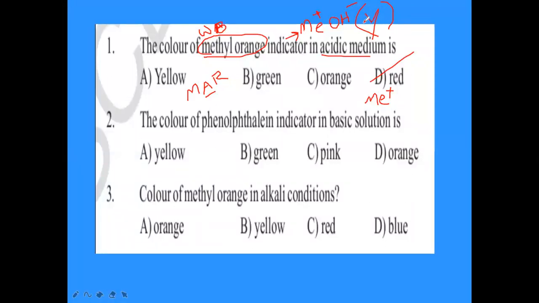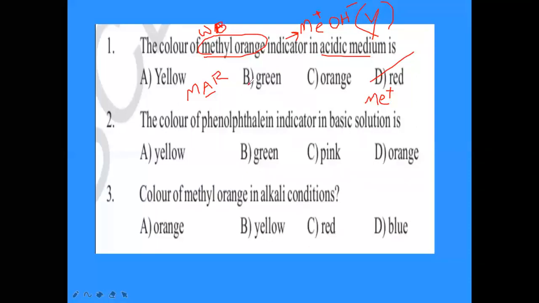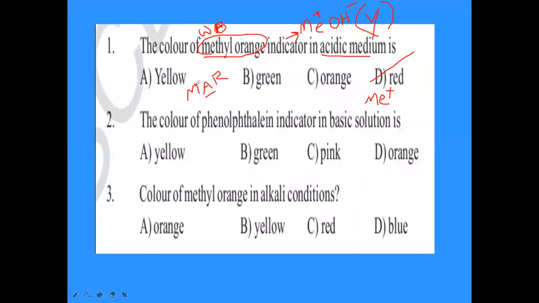Got it, ma? But in acidic medium, red. That's why remember, in opposite medium only. Methyl orange is a base itself. That's why in acidic medium, the opposite medium, it will give which color? Red color. But what is the original color of this methyl orange solution? Yellow. Keep that point in mind.